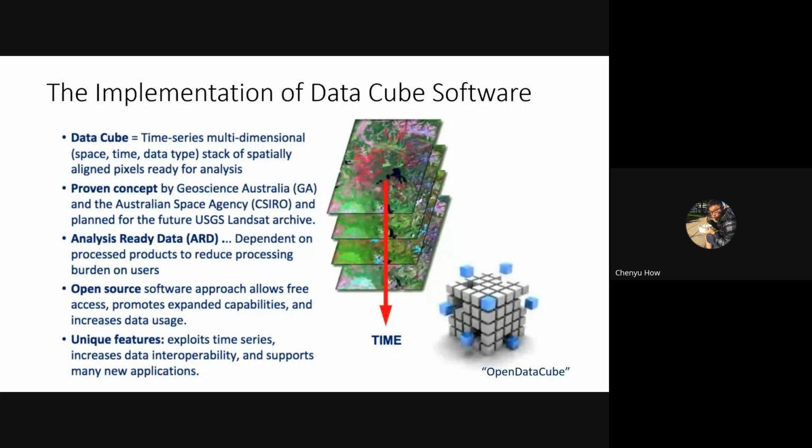Additionally, support for open standards is also very crucial for interoperability and seamless integration with various tools and platforms. So the software should facilitate open standards, which can promote data sharing and collaboration.